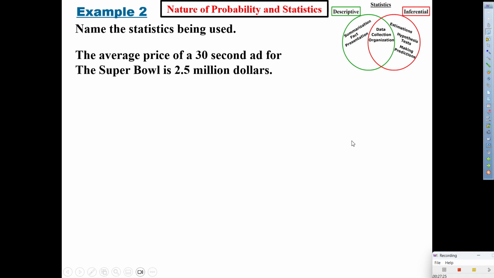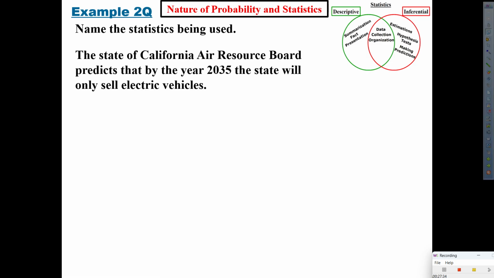Look up. It says, the state of California Air Resource Board predicts that by the year 2035, the state will only sell electric vehicles. Tell your neighbor what kind of statistics that is. All right. What would be the key word and what is it?